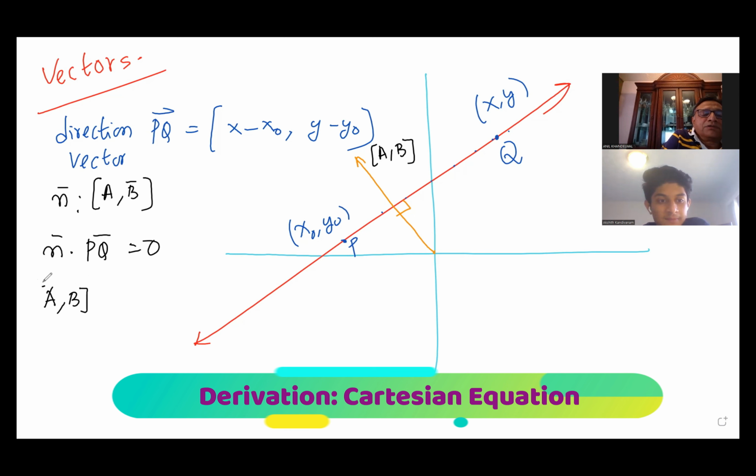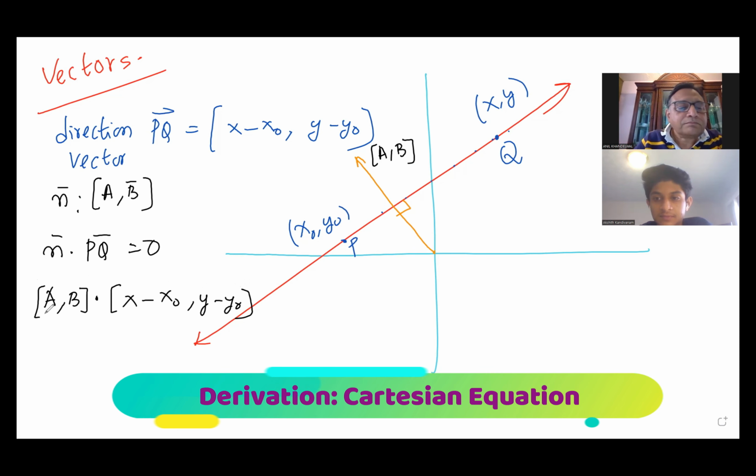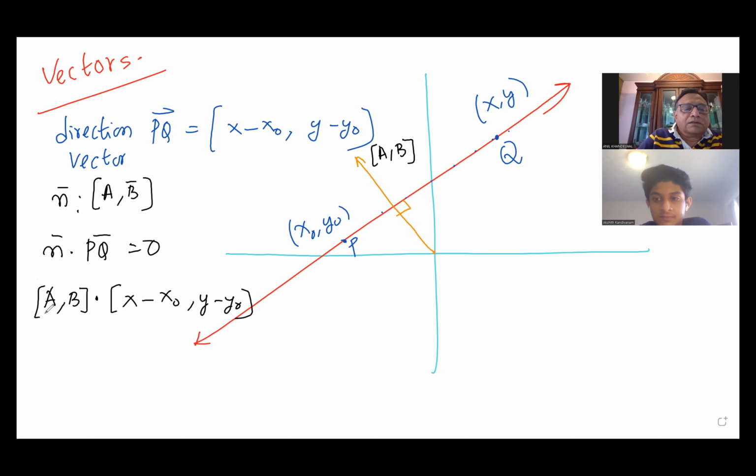So let's do the dot product. We have AB, the normal vector, let's call this n, normal vector to the line PQ.